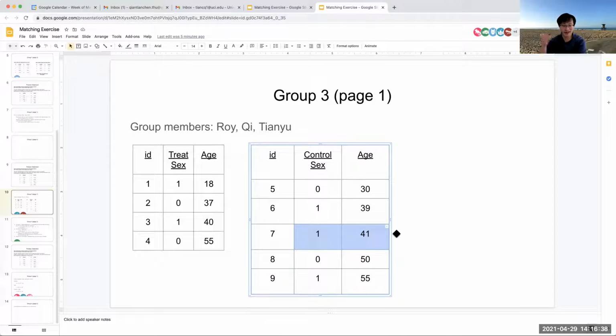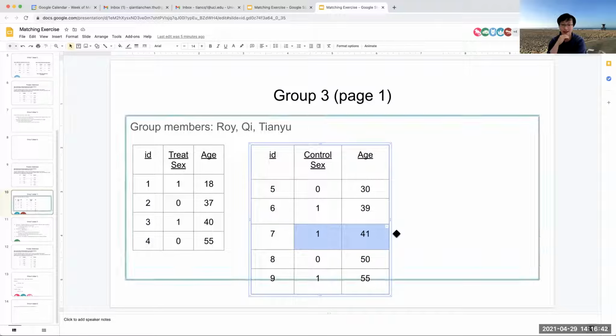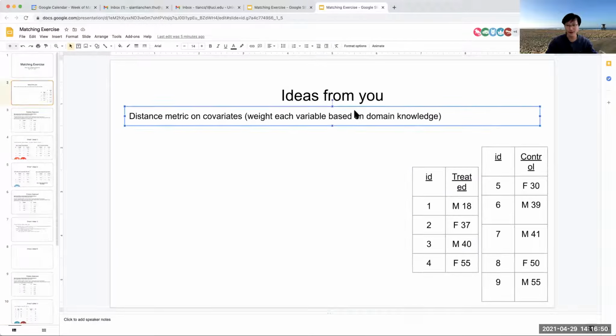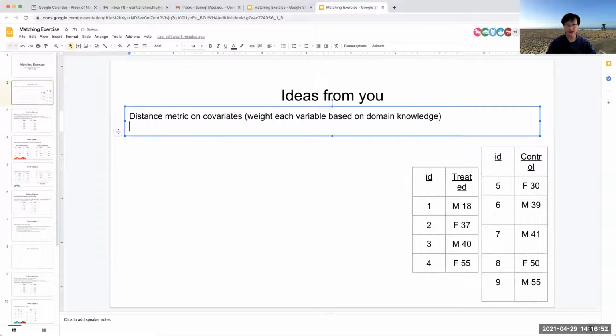But later on, you said there's also the idea of matching multiple controls to a single treatment, which I think answers my question. So I'll quickly type down some of the things that you mentioned, while I give time for those who haven't spoken to chime in after I finish typing.